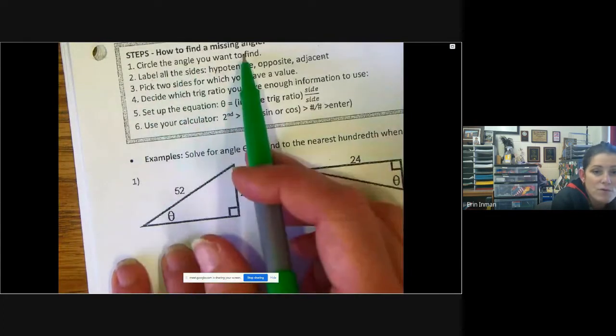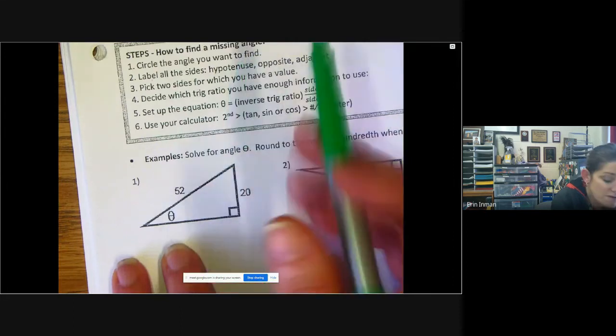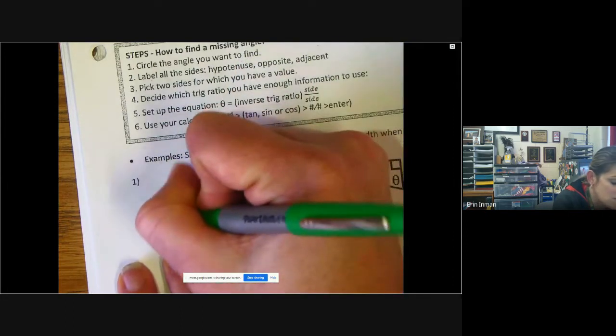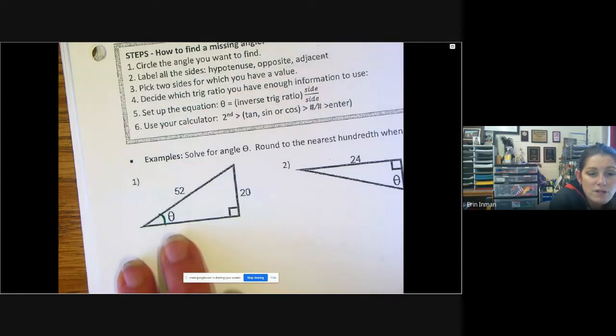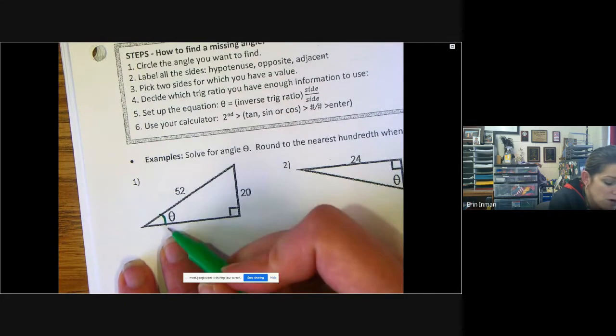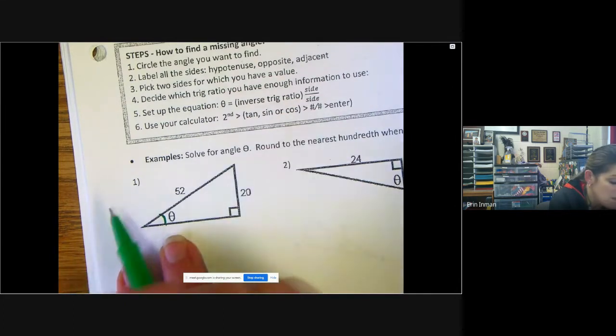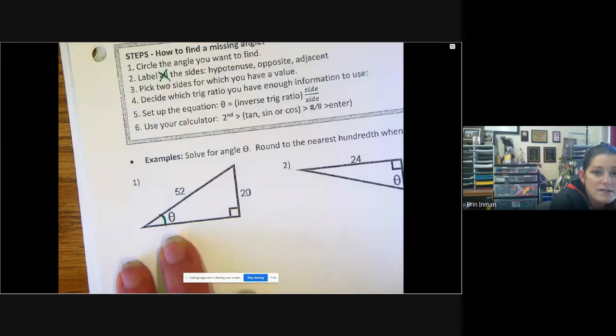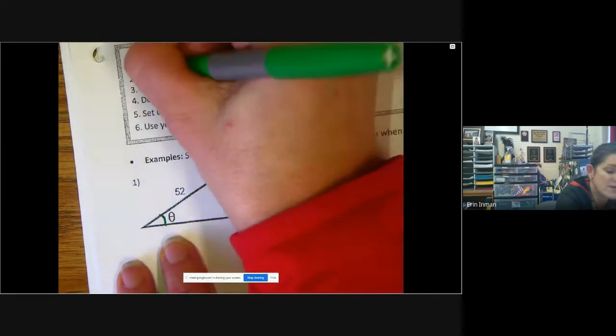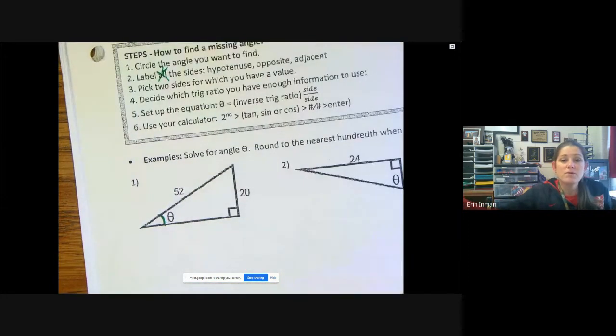The first thing, we still have to look for the reference angle, or the angle that they're asking us to solve for. So that's going to be our reference angle. So circle it, mark it, identify it somehow. I don't like to say label all the sides. Label two sides. Label the two sides as the hypotenuse and adjacent or opposite, whatever it might be.